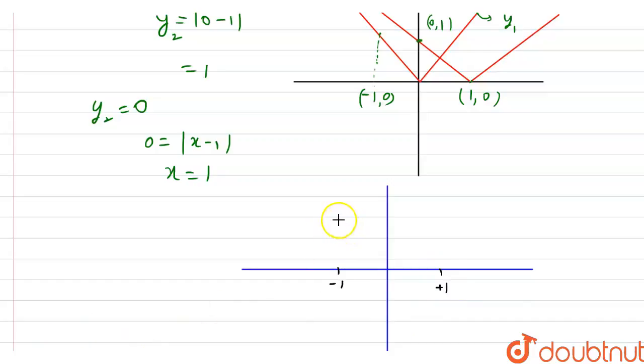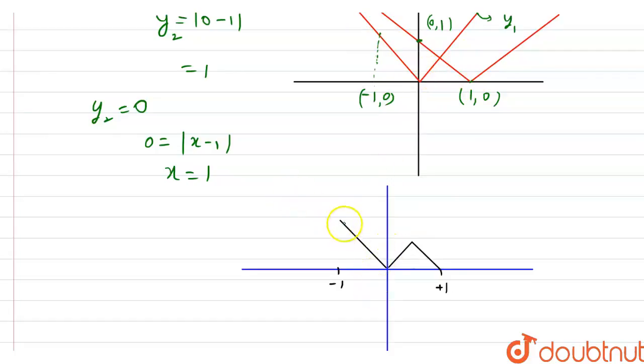Here it will look like this, then this, and then this will happen. This is the simple graph of our required function. You can see this should be the graph, this and this.